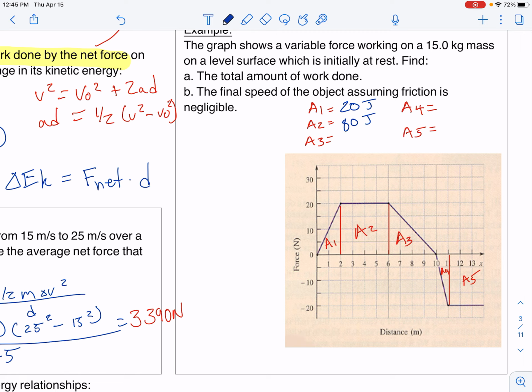A3, A4. So for A, total work, add it all up: 100, 140, 170.